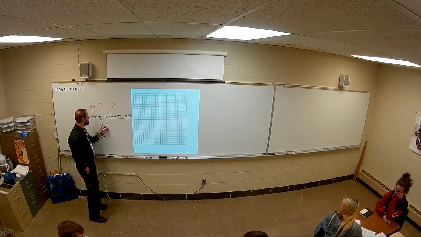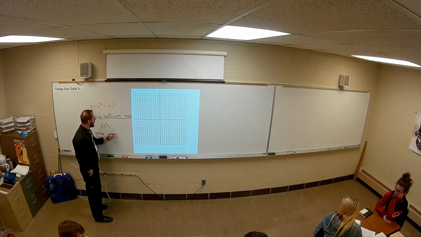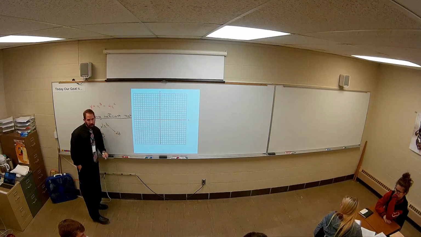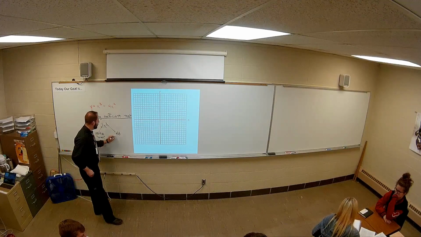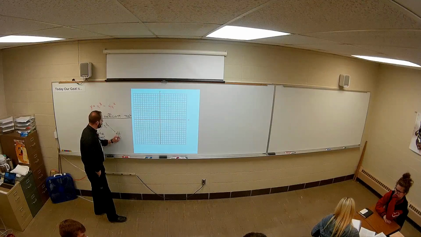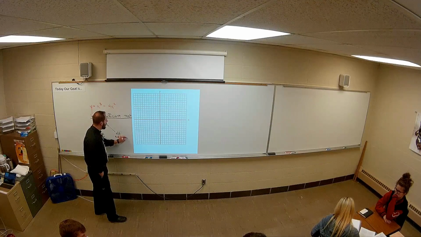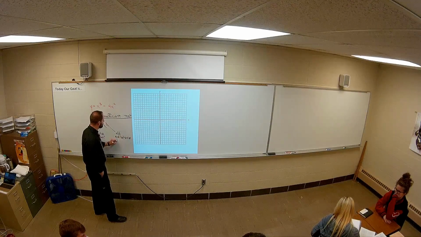Now, what does this mean? It's an odd graph, right? The odd power. That means that the tails are going different directions. That's for end behavior. If it's an odd graph, the end behavior, the tails go different directions.